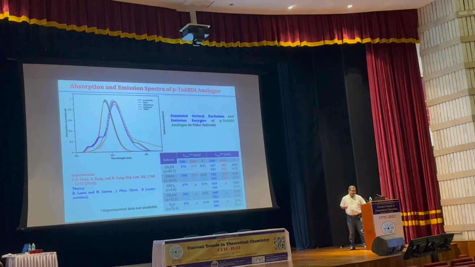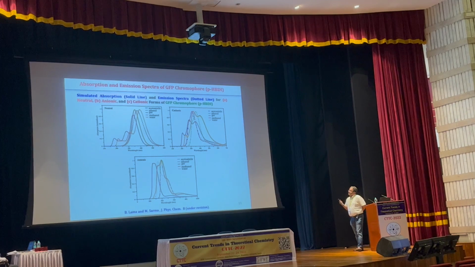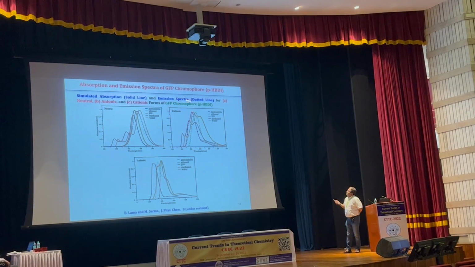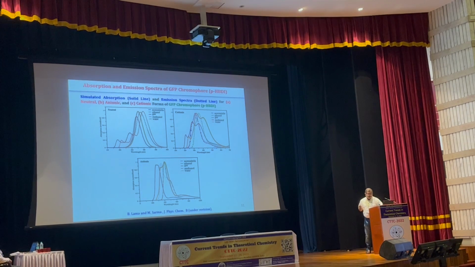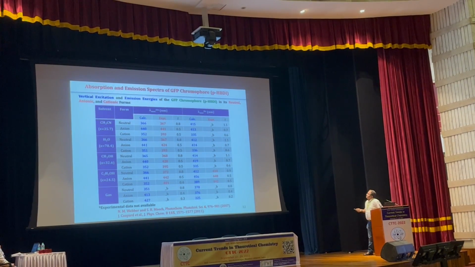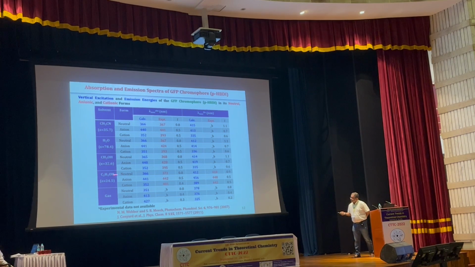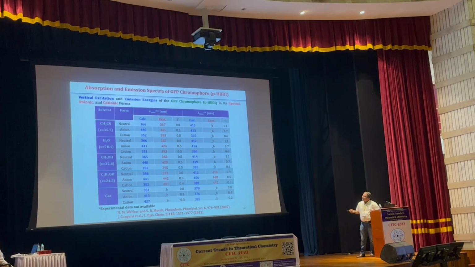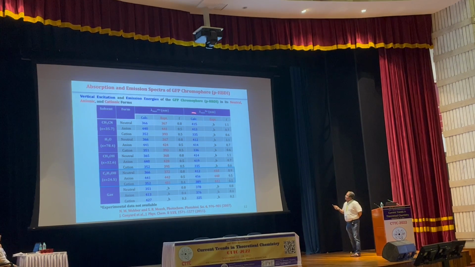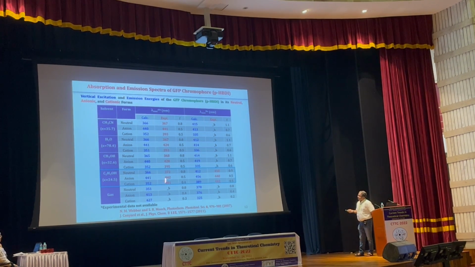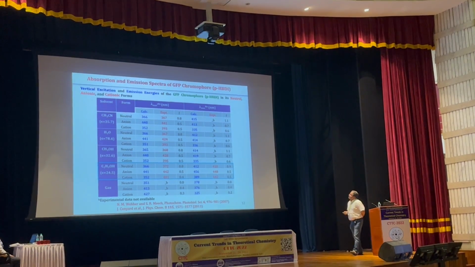However, to test the validity of our approach, we checked the same thing for the naturally occurring PHBDI, and we found that the results are very encouraging, especially in the ethanol case, where both experimental absorption and emission values are available. The results are in very good agreement with the experimental data.